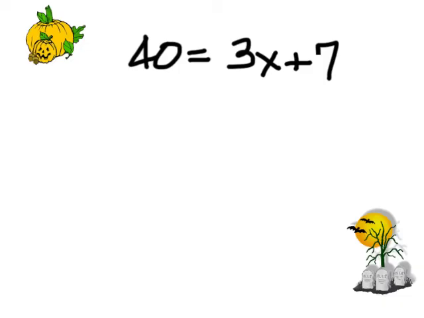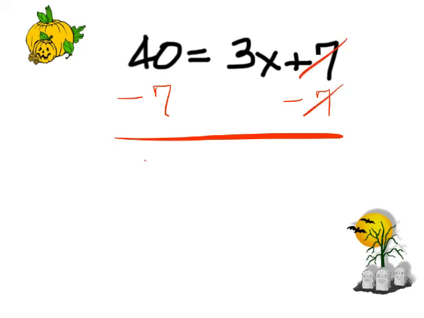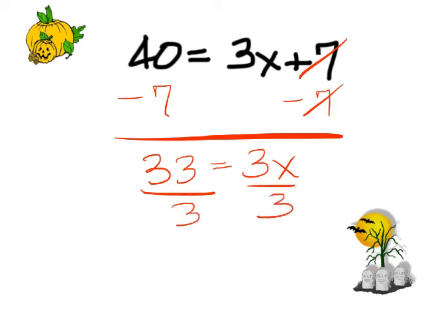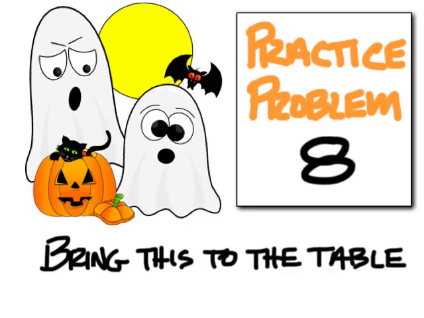Bonus problem number 7. On the bonus, you should subtract 7 from both sides, and you're left with 33 equals 3x. Divide both sides by 3, and you come up with an answer of 11 equals x.